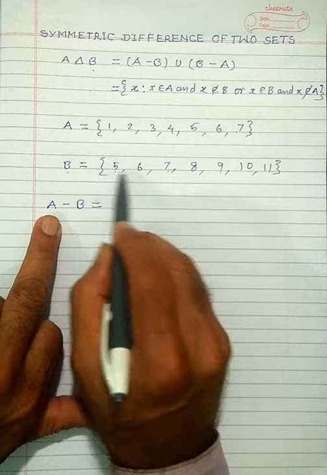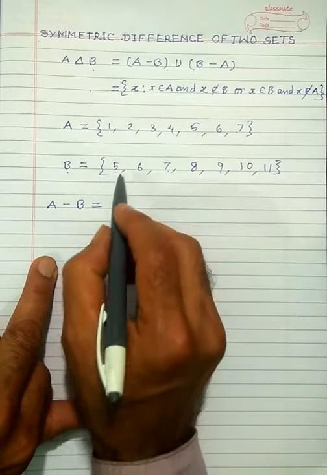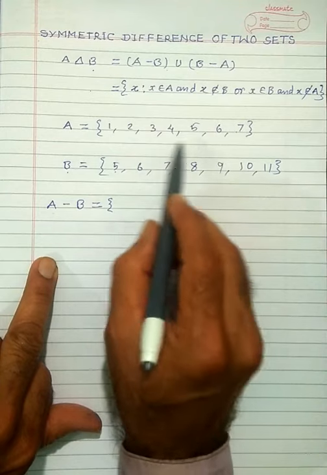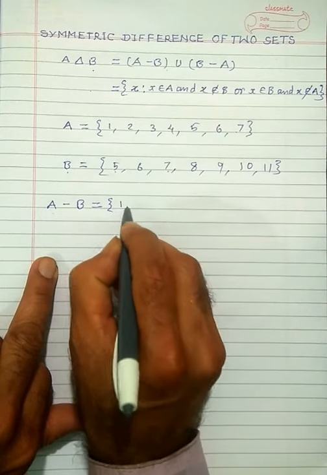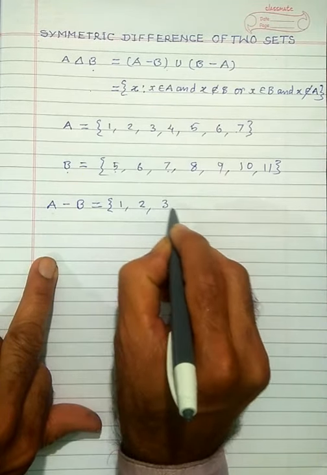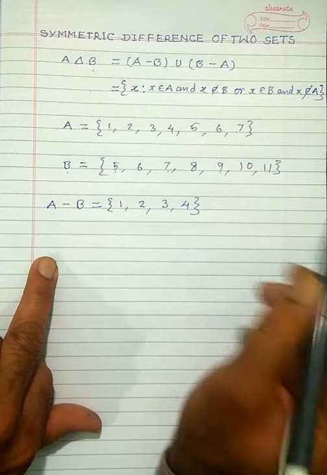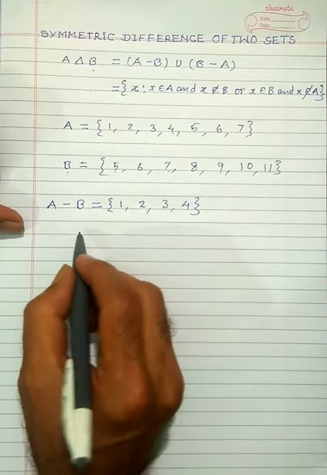Therefore, they cannot be members of A minus B. Therefore, those elements of A which are not in B are 1, 2, 3 and 4. This is A minus B.